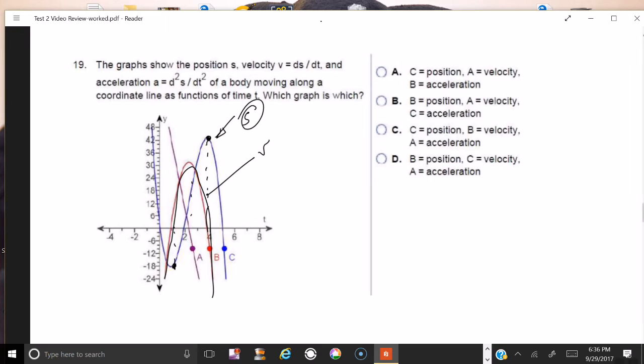And notice that if this is velocity, its derivative is 0 right here, and this straight line goes through 0. So this straight line must be acceleration. So we have that C is position, B is velocity, and A is acceleration. And that is answer C.